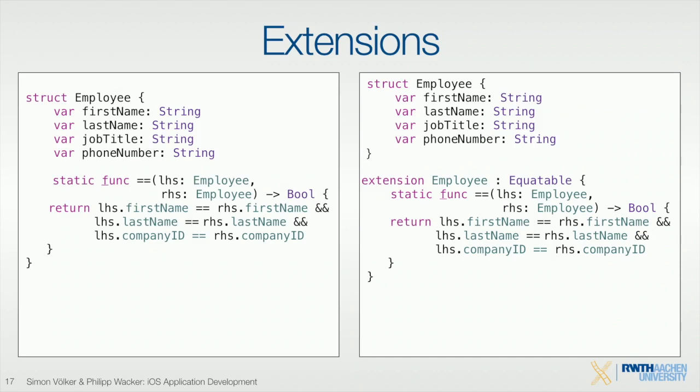For example, you could say, I have my struct Employer from before, and instead of writing this function directly in the struct itself, I'm writing an extension that extends my struct with this certain functionality. So basically, I'm extending my Employer, which allows me to use this protocol.